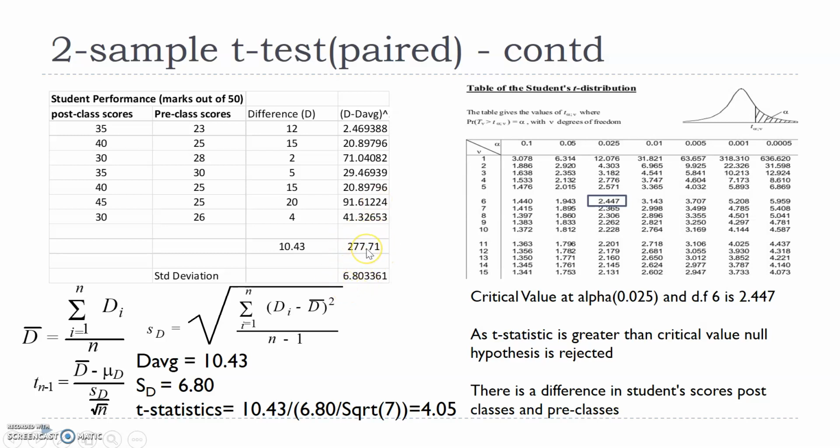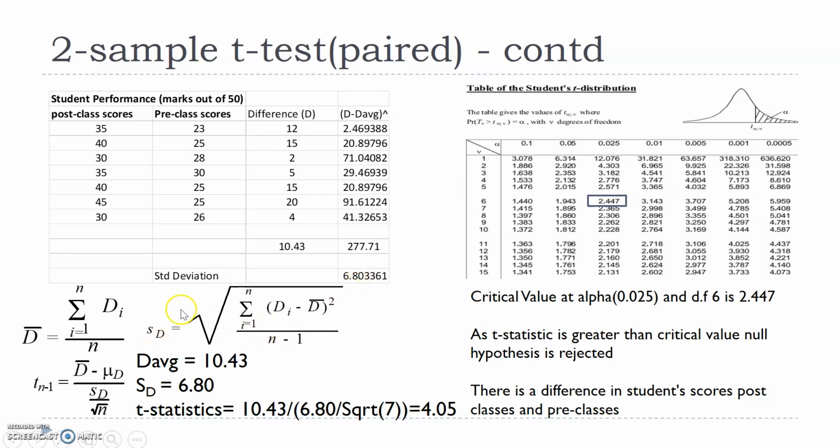Then I divided by the number of samples minus 1, that is 6, because I'm calculating the standard deviation for the sample, right? 277.71 divided by 6 will give me the variance. The square root of that will give me the standard deviation. Okay, so I hope everybody knows how to calculate sample standard deviation and sample variance.